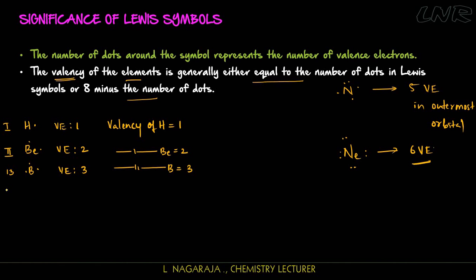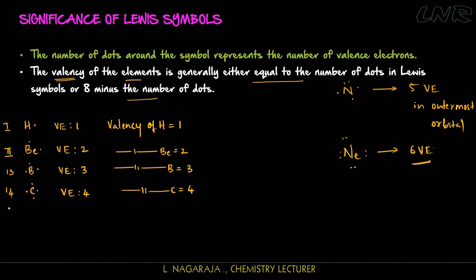And next let us take 14th group elements, that is the carbon family. So carbon has 4 valence electrons, and those 4 valence electrons are represented by writing 4 dots. So the valency of the carbon is equal to 4.